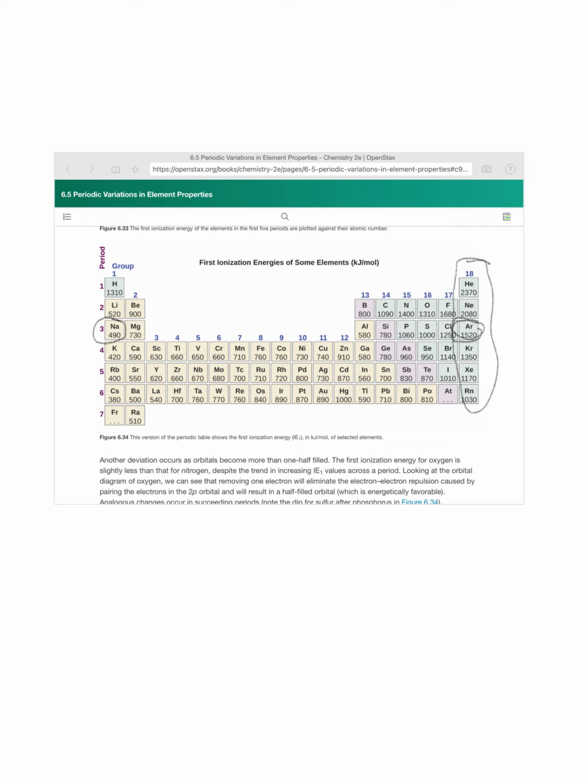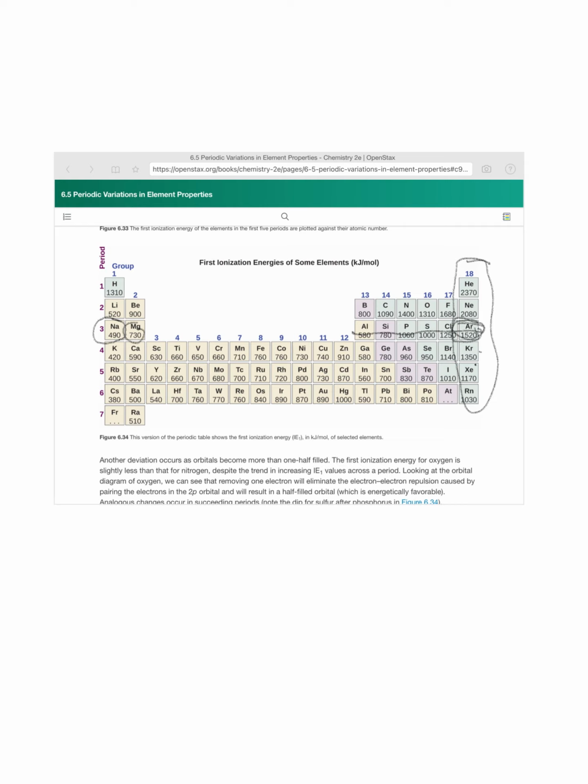You notice that the higher the first ionization energy is, the more stable the element is. Or what I should say is, it's least likely to lose an electron, which is part of what will make it reactive. And if you look at magnesium, 730. So as we go across, it becomes greater and greater.